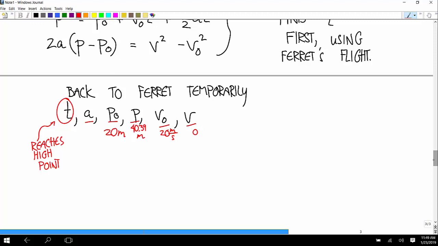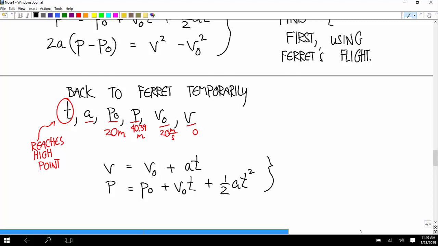And so we have two options for equations. One, we'd have to use a quadratic. The two options are v is equal to v0 plus at. The other one is p is equal to p0 plus v0t plus 1/2 at squared. Those both work, so might as well use the simpler of those two, the linear one.